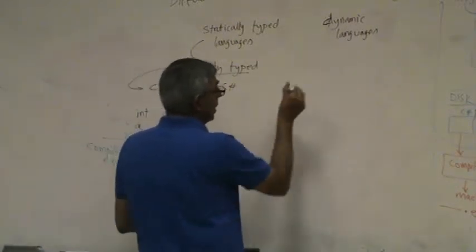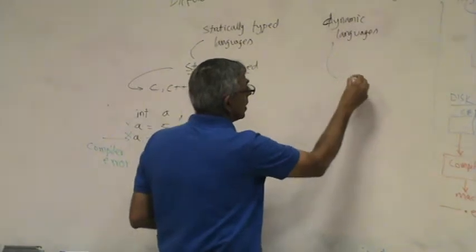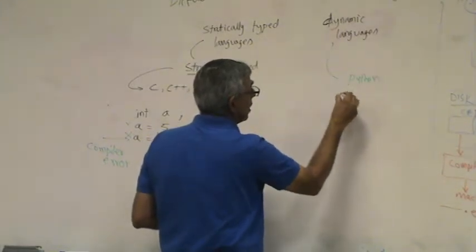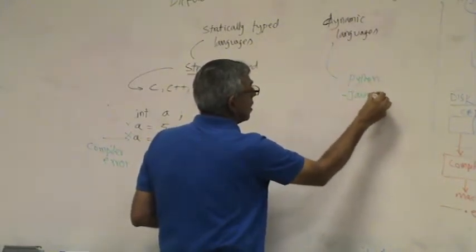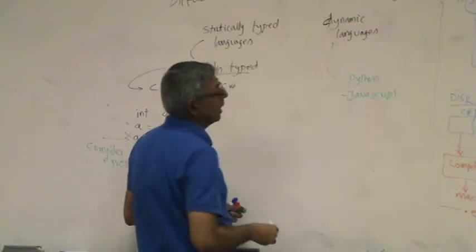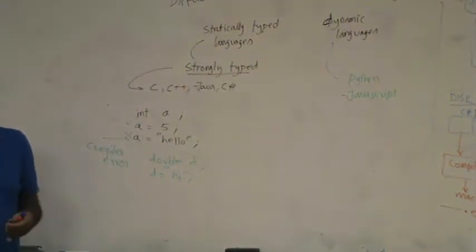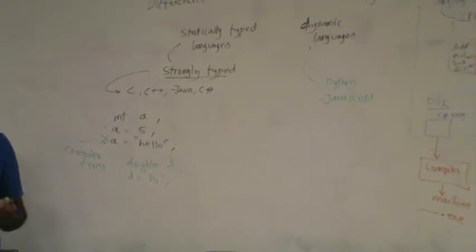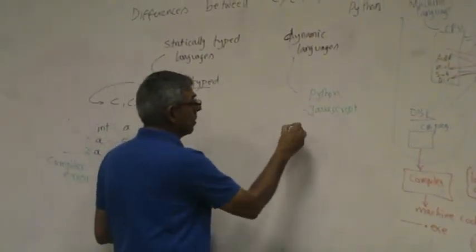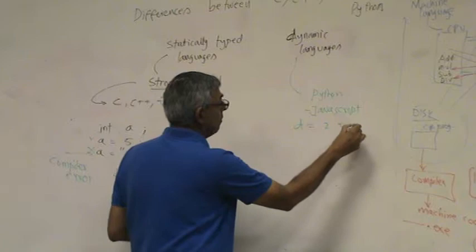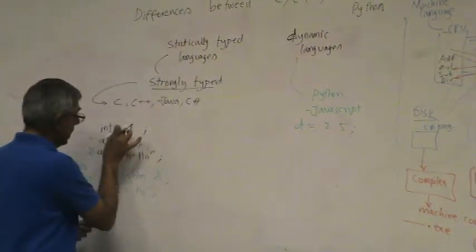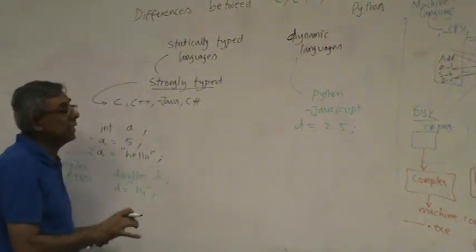On the other hand, Python, JavaScript type of languages, okay, these are called dynamic languages. You simply declare a variable, you store anything you feel like. So you can store d equal to 2.5, and there's no such thing as int or double or anything like this in these languages.